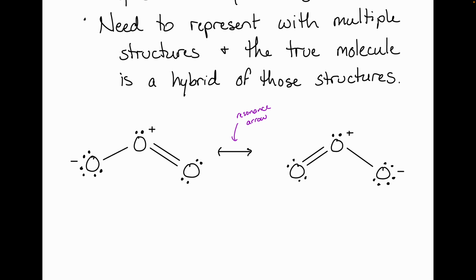It's really the two of these together that represent accurately the structure of that ozone molecule. In addition to using our little two-headed resonance arrow, we also put our resonance structures in these brackets to remind us that this is actually packaged together as one molecule. We're going to call these our resonance brackets.